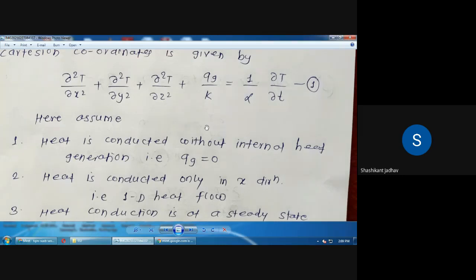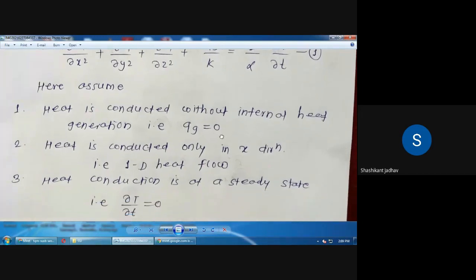This is the first assumption. Second assumption: heat is conducted only in x direction. That is one dimensional heat flow.